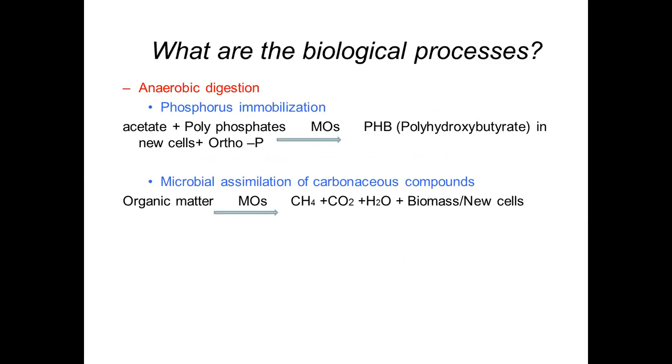Here acetate and polyphosphates are converted to PHB by microorganisms. Then again organic matter is converted to methane, CO2, H2O and biomass new cells. So this is the reaction that you have to remember. This is the complete reaction relevant to anaerobic digestion.